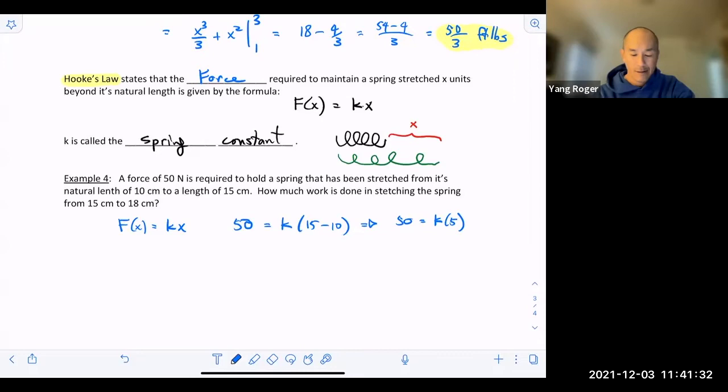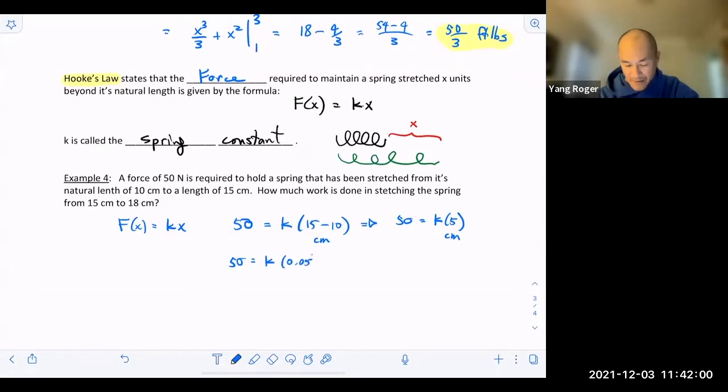Now, these units are in centimeters. So this would be 5 centimeters. But as I mentioned to you guys earlier, usually we work with meters when we're in the metric system. So my goal is to solve for k, but I'd rather write 50 is equal to k times 0.05 meters. Now it'll be in meters. There's 100 centimeters in a meter, so we can convert to meters, right?